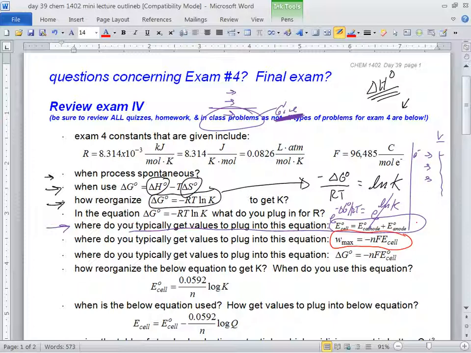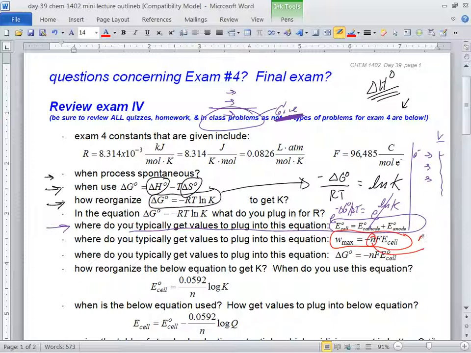Now remember this E cell, they're pretty much going to tell you, right? In these types of problems, they usually tell you what E cell is, what that little voltmeter's reading. How about the N? Connor, what is it? Yeah, you get it from a half. It's the moles of what?